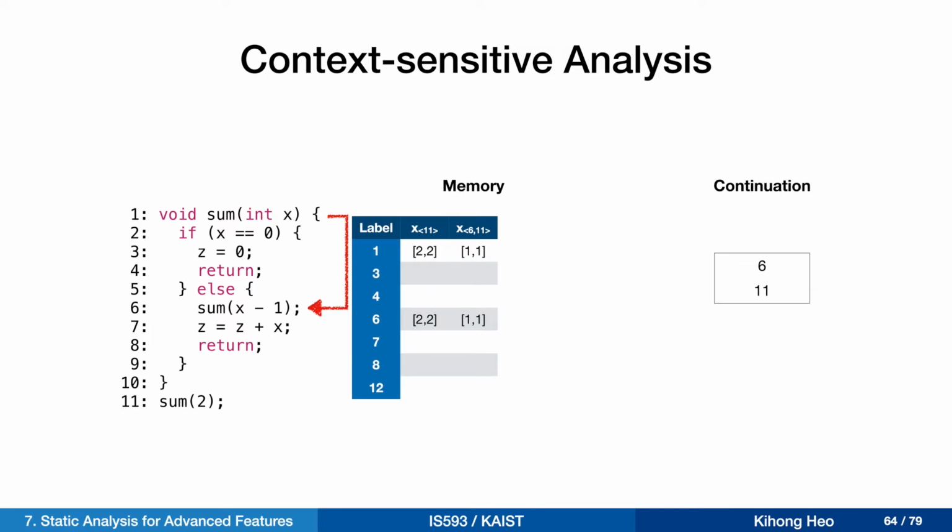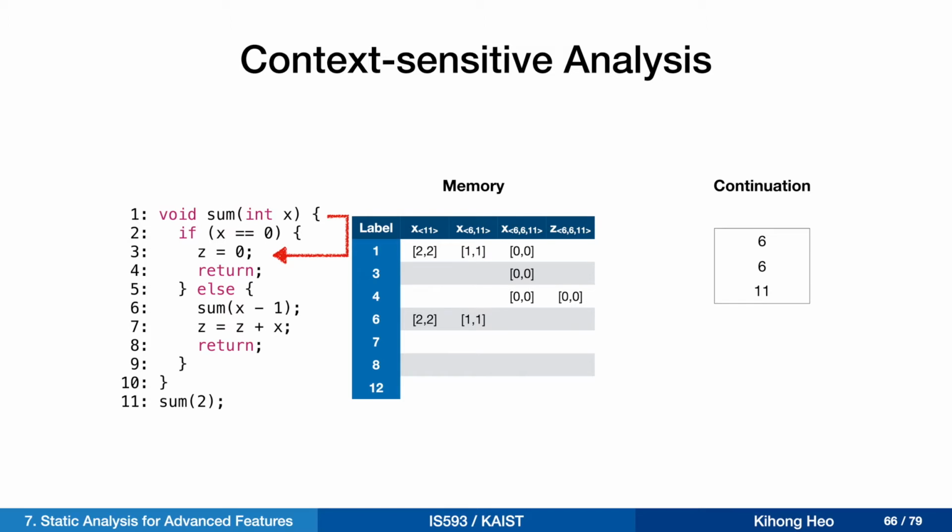And its behavior is similar to the concrete execution. It again propagates the memory to the next label. Again, the new instance of x is created with the new calling context, which is 6,6,11 here.